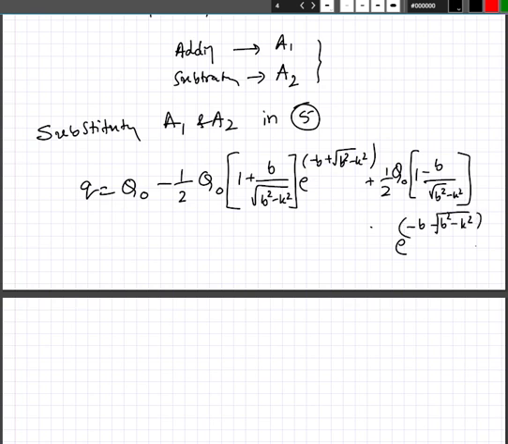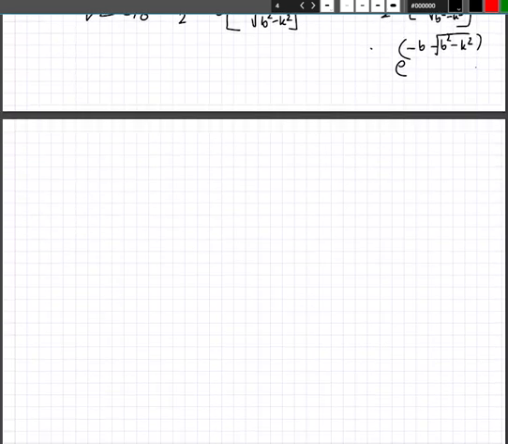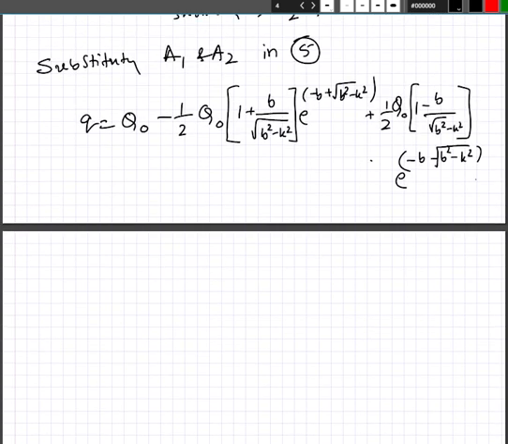Or rearranging this a little bit, because e to the power minus B is common. Sorry, there is time here in the exponential.